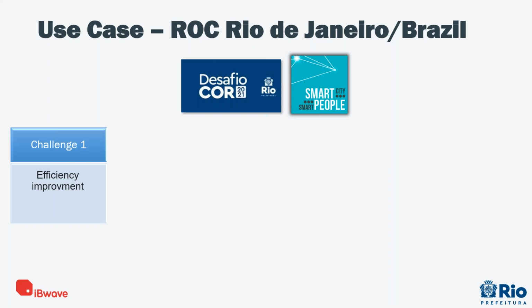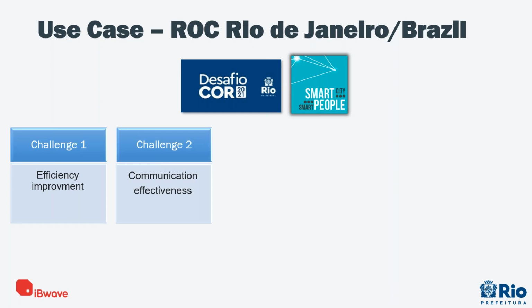The first one was how to improve the effectiveness of channels, or the content of the communication sent to the population in urban emergency situations. So here, if you have an emergency situation, how can they improve the efficiency of communicating with the people about this emergency situation.